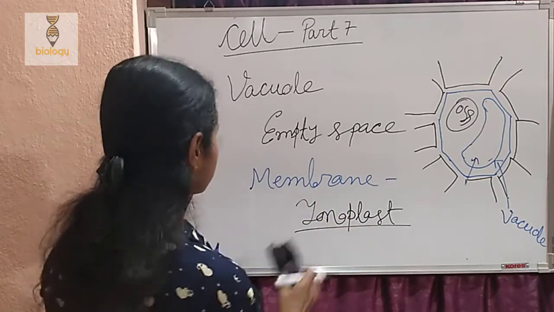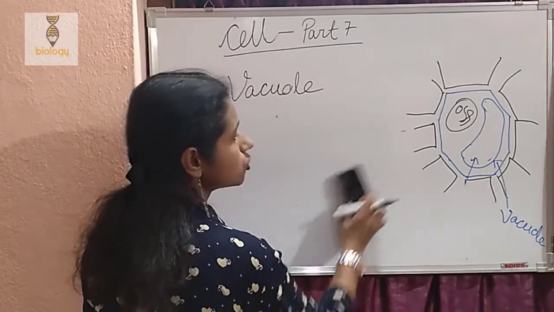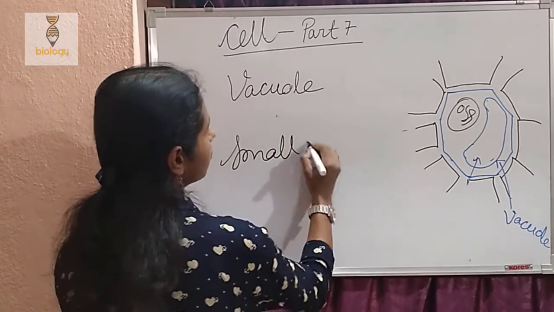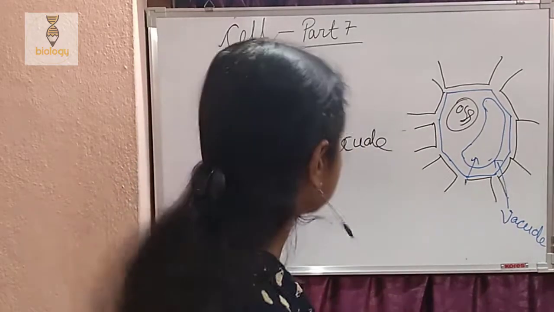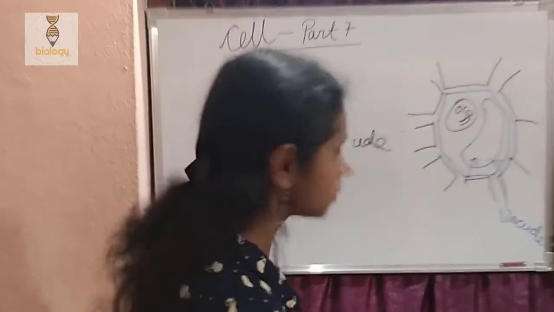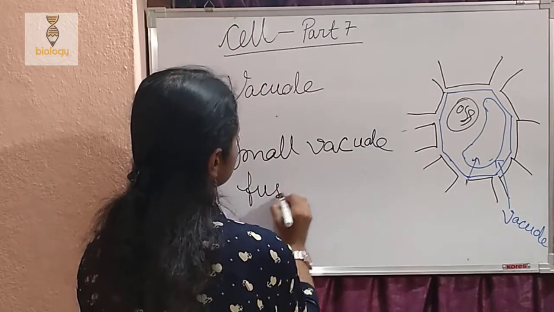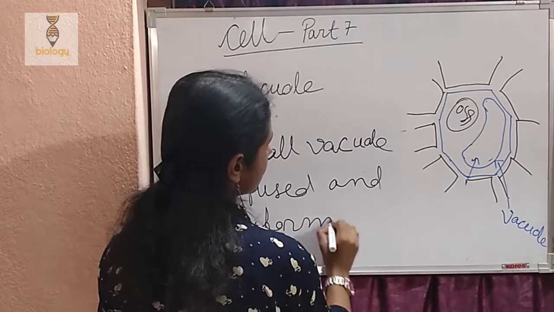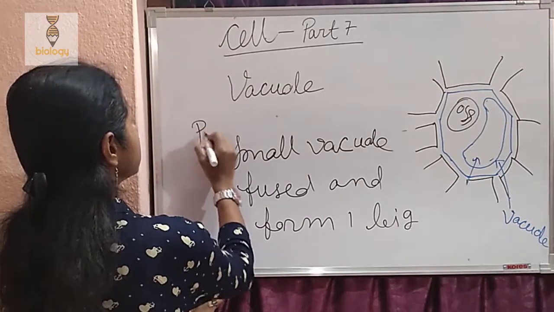Actually, some small vacuoles fused here to form one big vacuole. So in a plant cell, this thing happens.